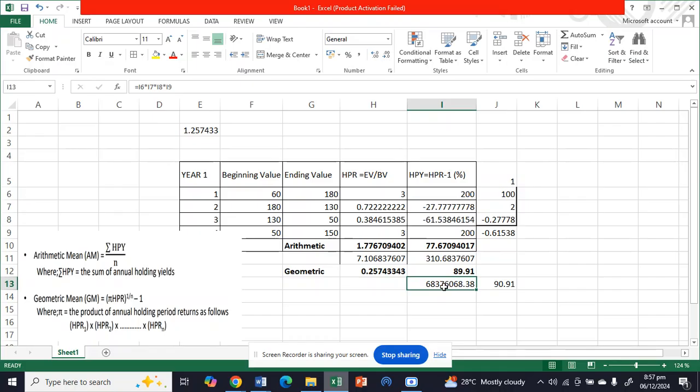You raise this to the power 1 over 4, since the number of years is 4 years. You get 90.91. I was rounding off the numbers when I was using my calculator, so you get a value close to 90.91. Then this 90.91, you subtract it from 1 to get your geometric mean.